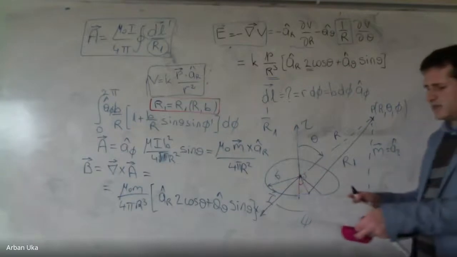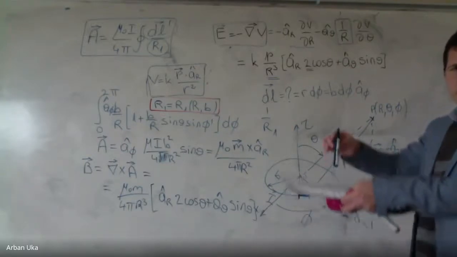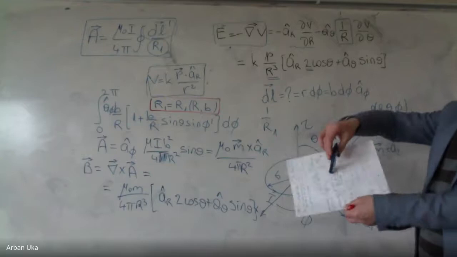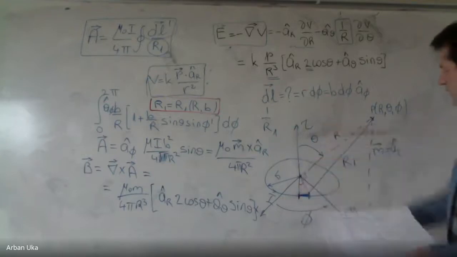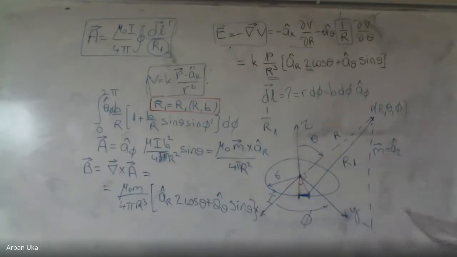We know that the surface area is defined uniquely by a vector which is perpendicular to the surface area. So the same way we do here. So this moment m is equal to a z times I pi b squared.